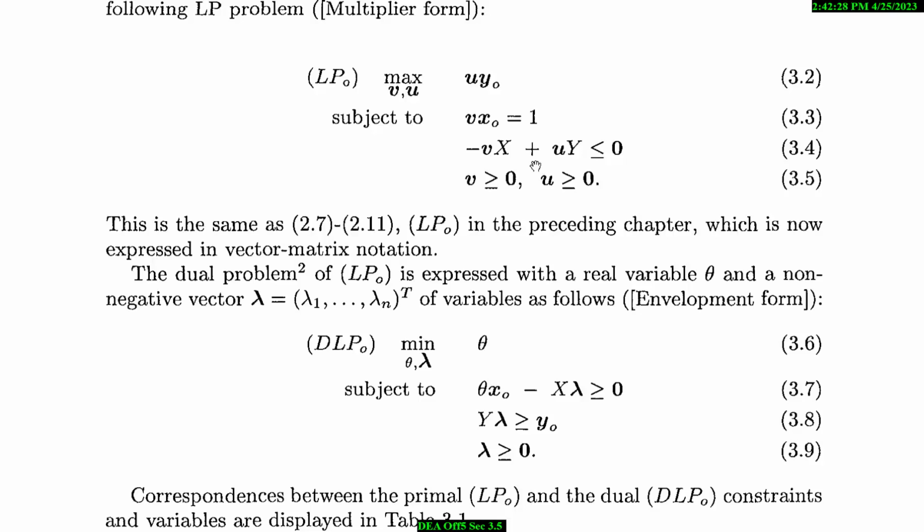I remind you that the CCR model in multiplier form for evaluating a DMU named DMUO was named LPO, and its dual was the CCR model in the envelopment form named DLPO.